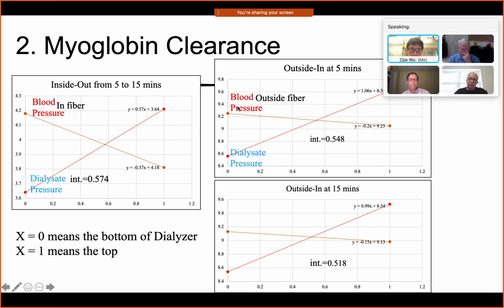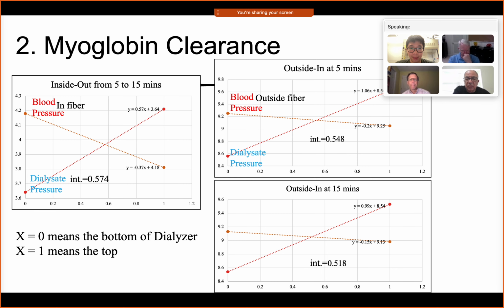And here are the pressure drops for the myoglobin clearance. The intercepting points are calculated at 0.574, pretty close to the center. And pretty much the same case for the outside-in, and they are all in this zero net ultrafiltration, as Dr. Zydney indicated.